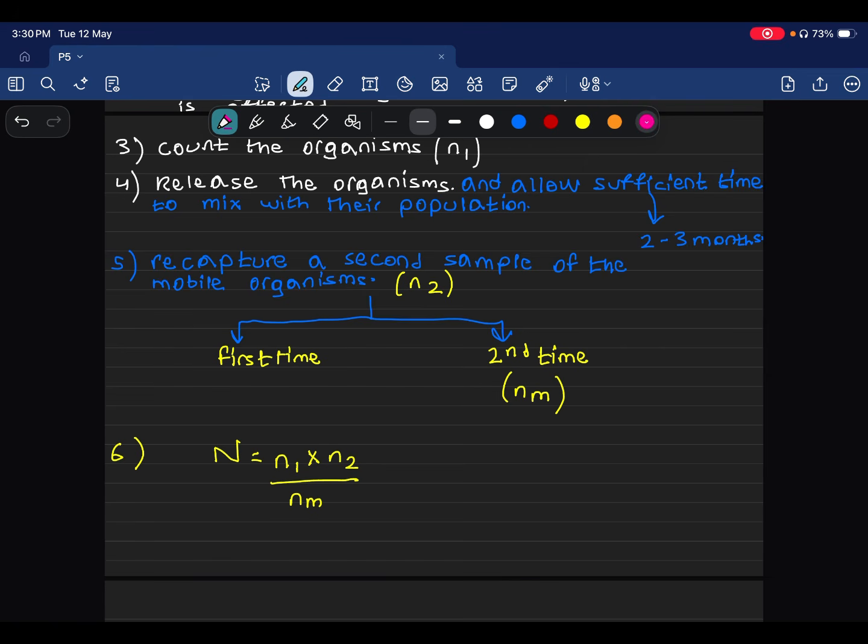So, can we say this method is called the mark, then release, and then recapture method? Absolutely. That is exactly the name of this method.